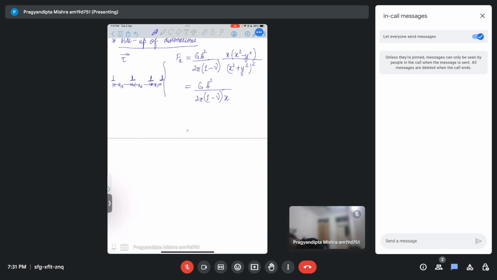So each dislocation in the pileup is under equilibrium.